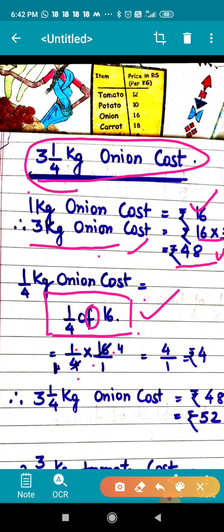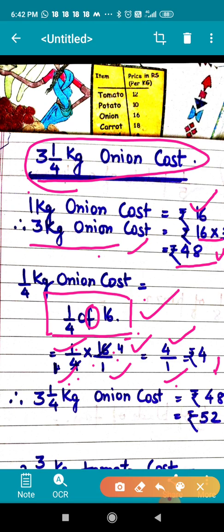So when I have reduced this 4 and 16, it comes 4, and 4 multiplied by 1 comes 4. And the denominators multiplied together come 1. So 4 by 1 can be written as 4. It means 1 by 4 kg onion costs 4 rupees.